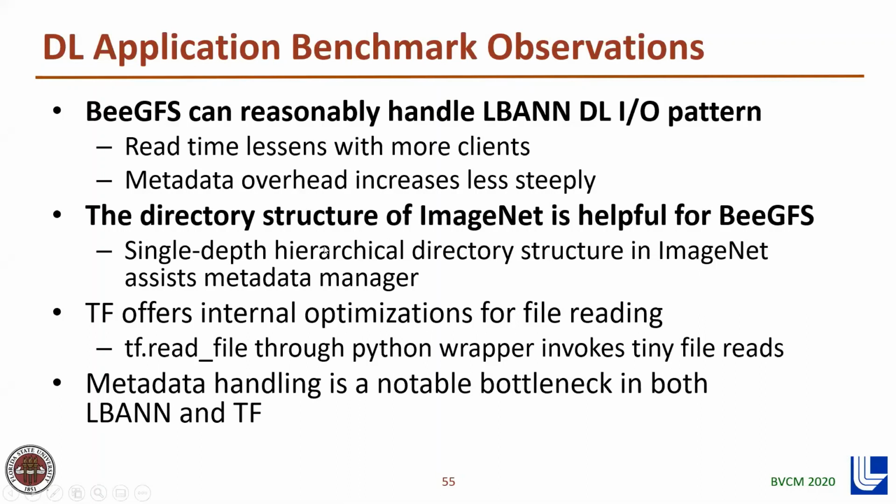And the directory structure of ImageNet is helpful for BeeGFS, as we have observed from this MD test, by replicating the directory structure that is available in the ImageNet dataset. We have seen that the single depth directory hierarchical structure in ImageNet might have assisted the metadata manager.